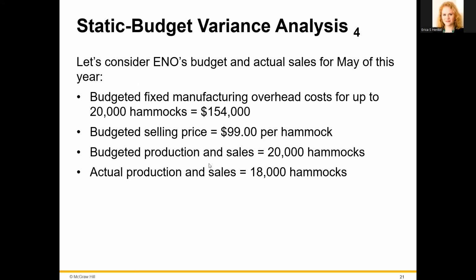We're going to budget for production and sales of 20,000 hammocks, but instead we only produced 18,000 hammocks here. All right. So already we know what type of variance we're going to have if we produce a lower number of hammocks. So we've got our flexible budget. We've got our static budget.